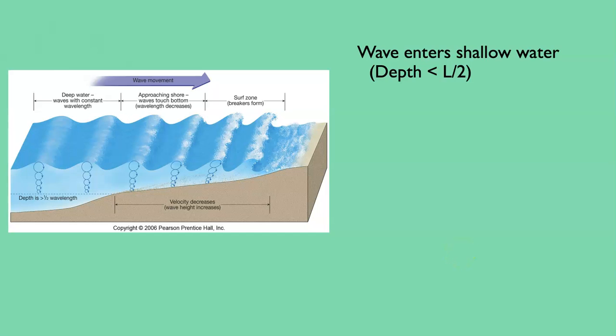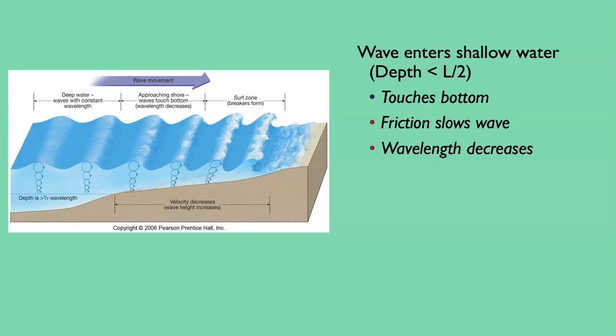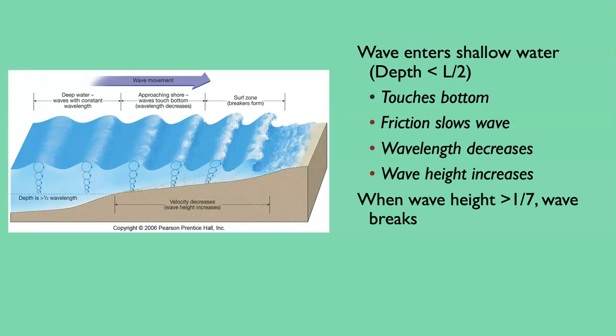The wave enters shallow water, which again is defined by less than half the wavelength, so the wave base or shallower, touches bottom, friction slows the wave down, the wavelength decreases, the waves start to bunch together, the wave height increases, and eventually at a certain ratio of height to wavelength, the waves actually break. And this is why waves break at the coast and don't break out in the middle of the open ocean, because of this phenomenon, this interaction with the seafloor.